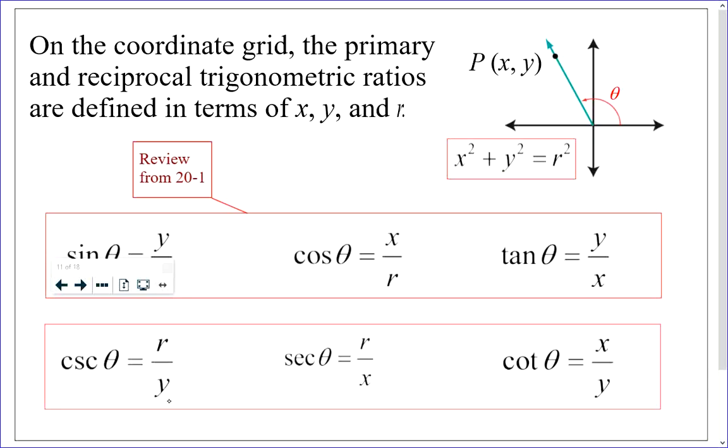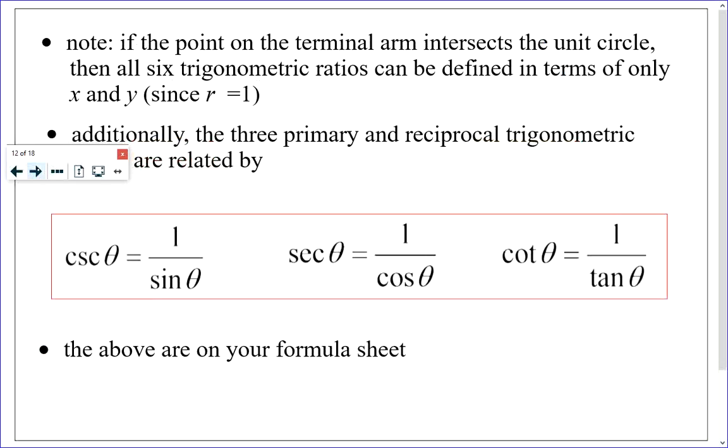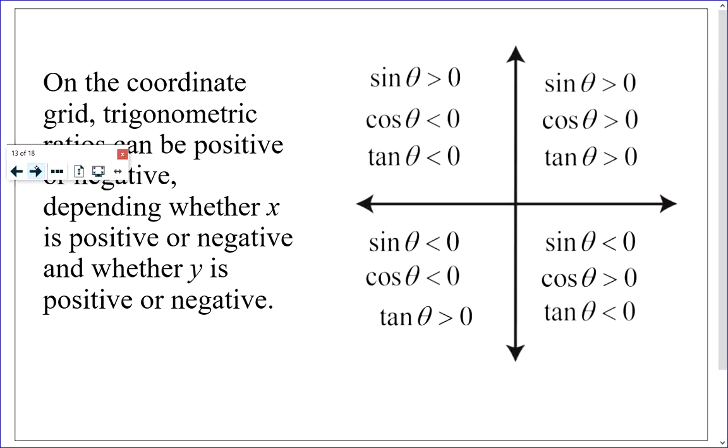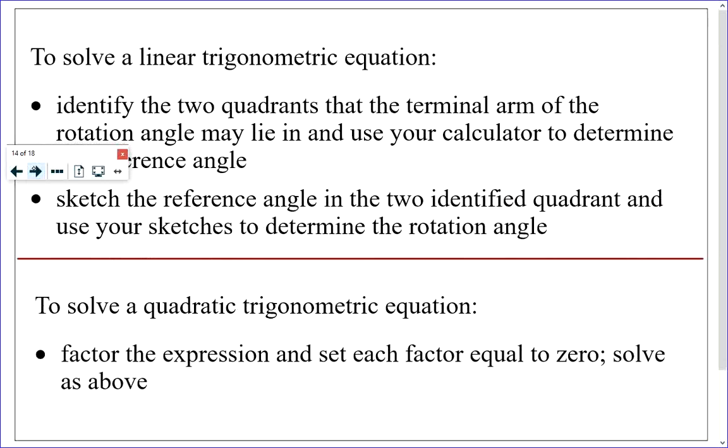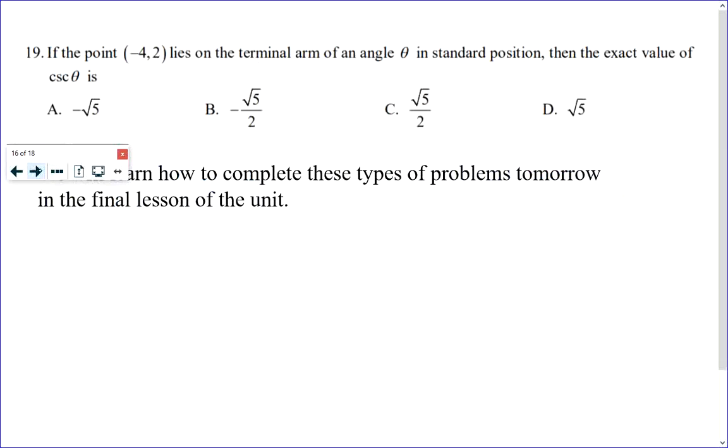This whole idea here, and some of it is from Math 20, combined with the fact that these 6 trigonometric ratios take on positiveness or negativeness depending on the quadrant they're in, is what this question, number 19, is all about.